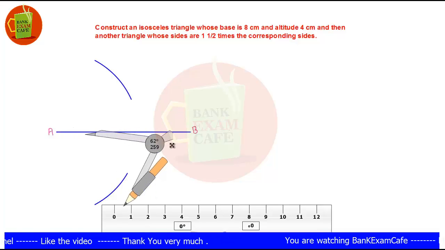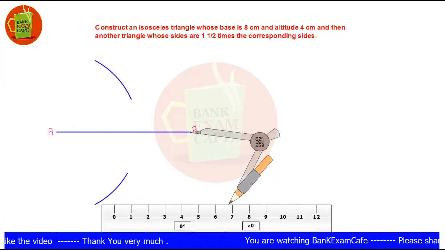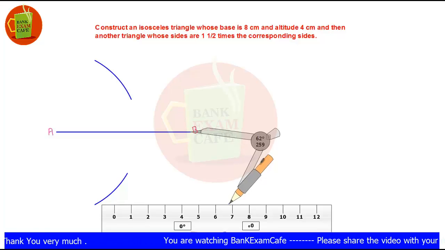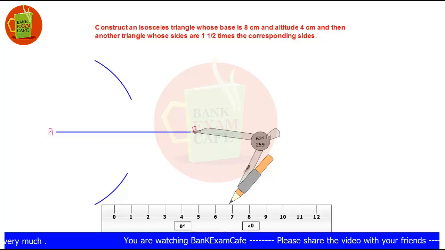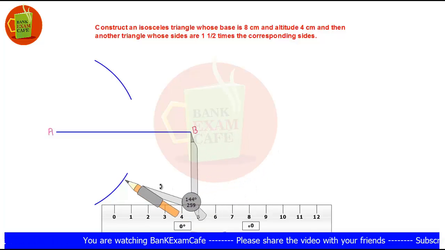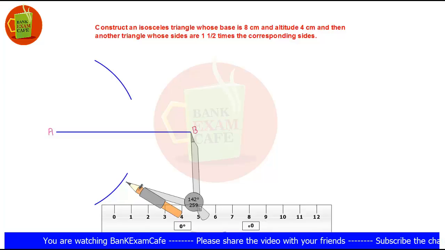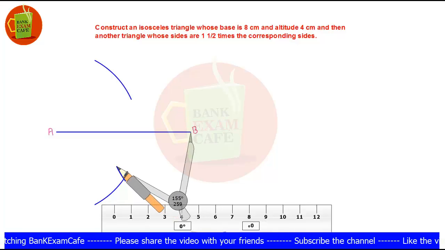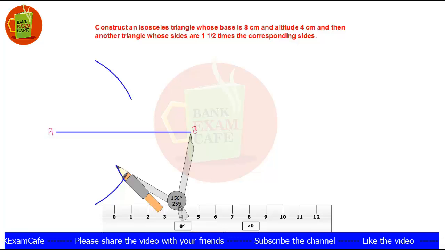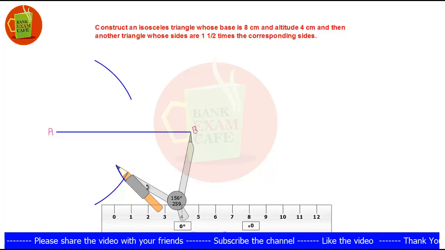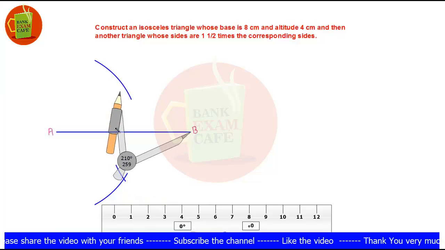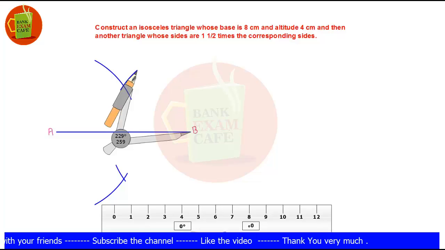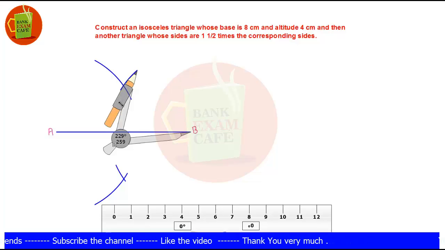Now taking B as the center and the same radius, draw an arc to the one side of the line segment so that it will intersect the previous arc, and similarly on the other side draw an arc so that it will intersect the previous arc.